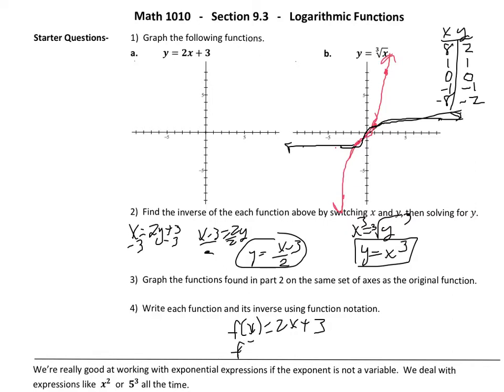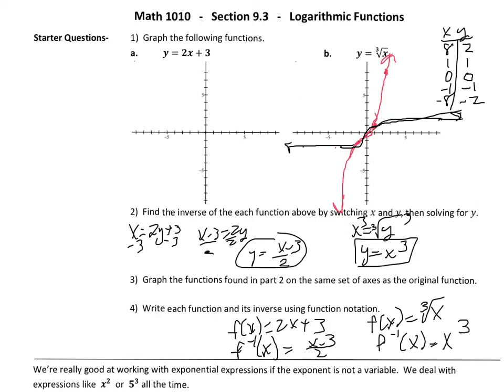F inverse of x is x minus 3 over 2. Guys don't remember that? My gosh. So if f of x is the cube root of x, then f inverse of x is x cubed.